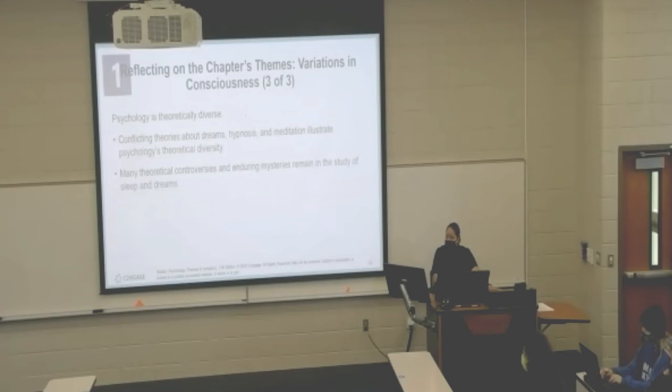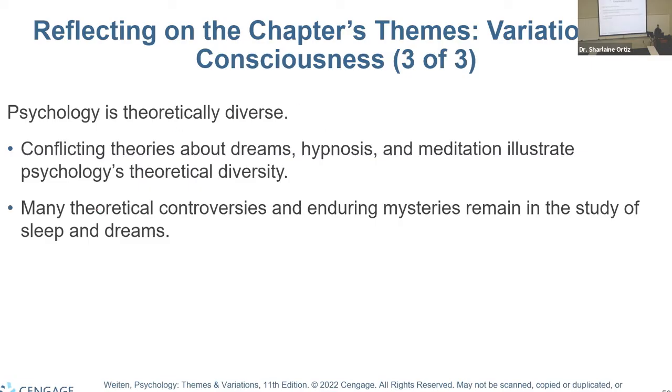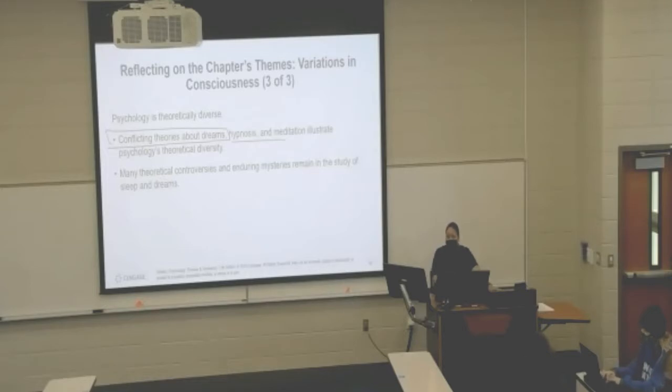Now, because psychology has different schools of thought, we did have conflicting theories of dreams and hypotheses. If you remember, we talked about why it is that we dream. Well, we really don't know why we dream. We do have a couple of theories and hypotheses that try to explain the reasons. For example, with Freud, we talked about how your undisclosed, unconscious desires, generally those of a sexual nature, tend to manifest themselves in dreams.